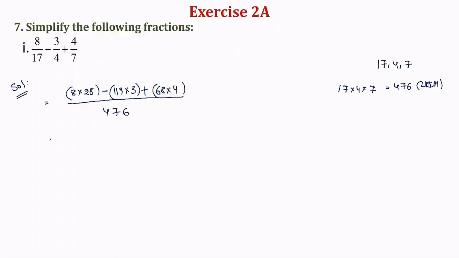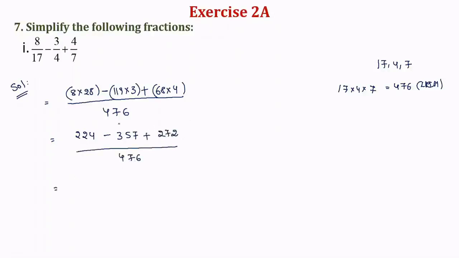So now you have to multiply the numerator values, which is 8 into 28, which gives 224, minus 119 into 3, which gives 357, plus 68 into 4 is 272 by 476.